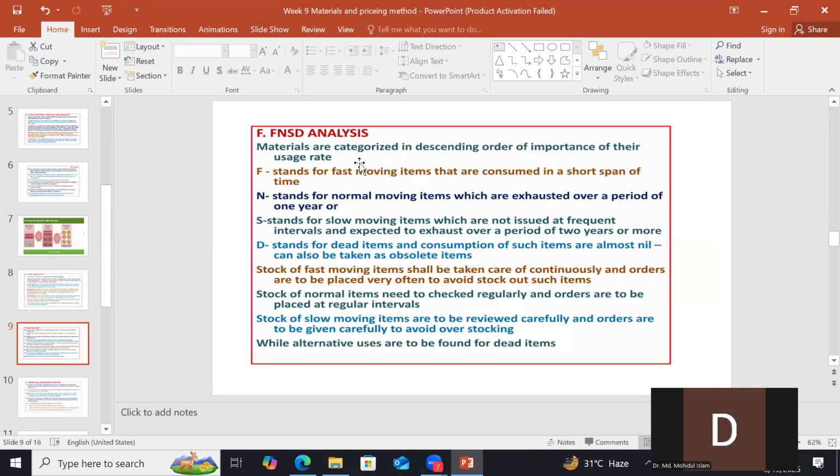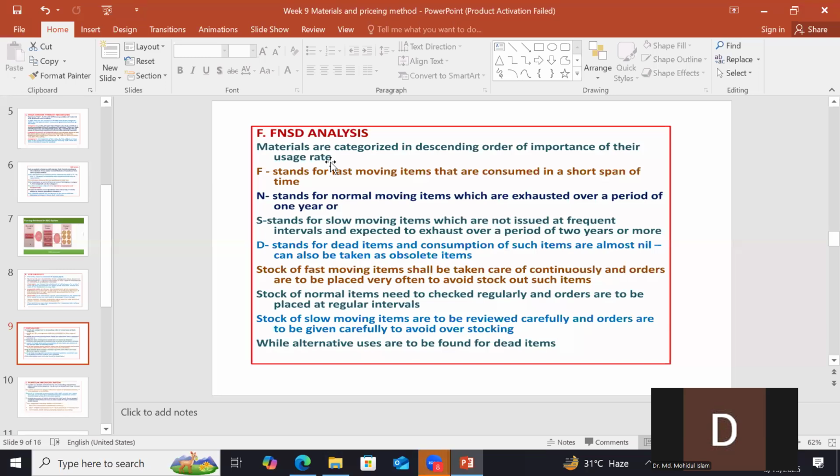Another option or tool to control the material: FNSD analysis. In FNSD analysis, materials are categorized in descending order of importance of their usage rate, that means on the basis of product use.